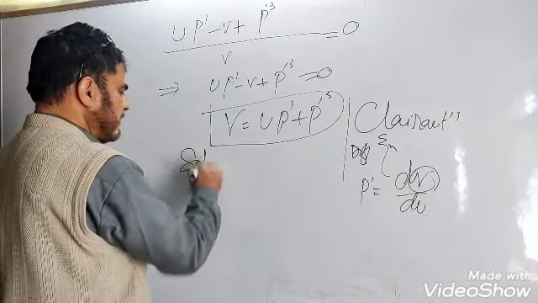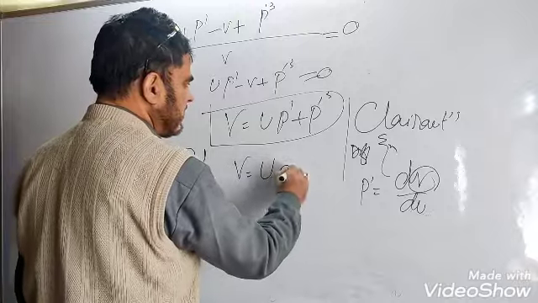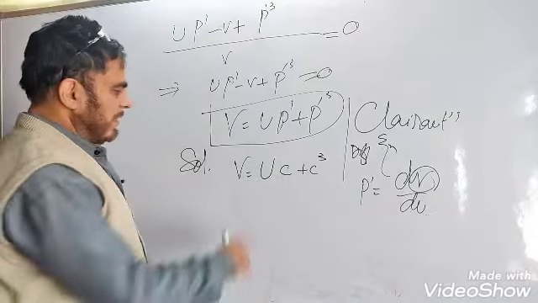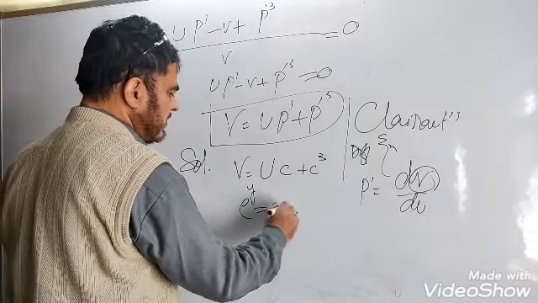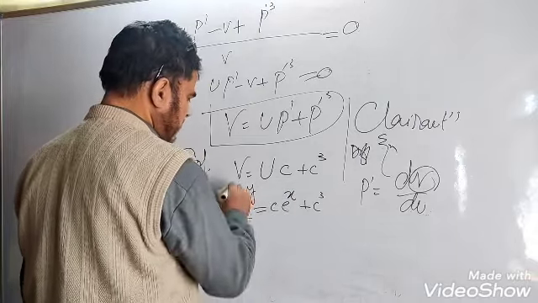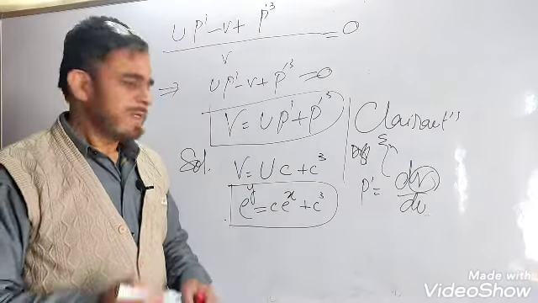So what is the solution? The solution will be v is equal to u c plus c cube. This is the solution. But your v is e raised to power y, so it is e raised to power y is equal to c e raised to power x plus c cube. This is the solution of this differential equation.